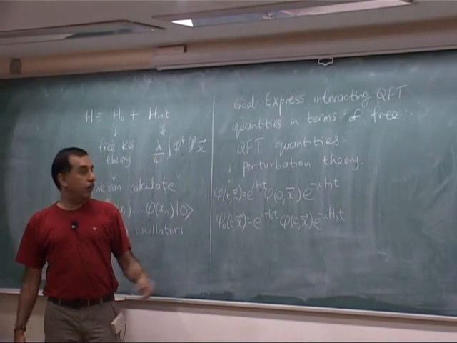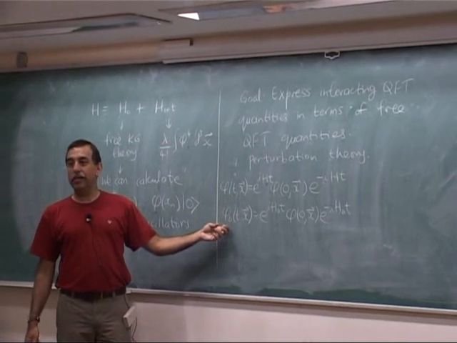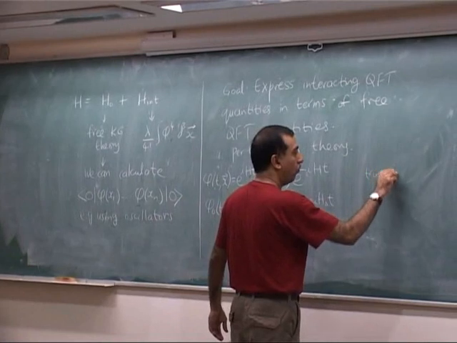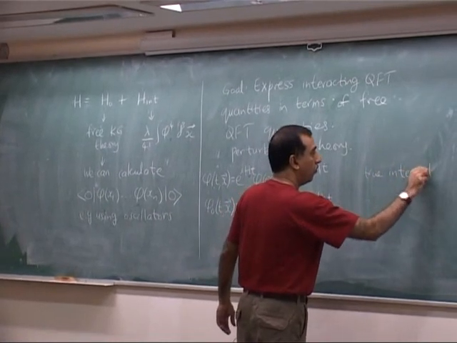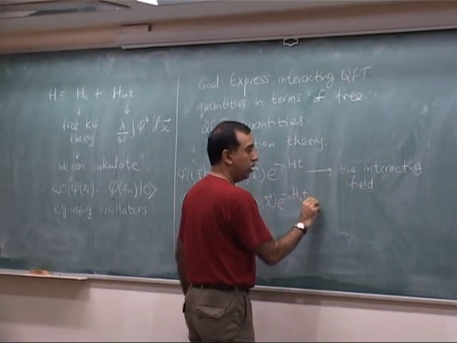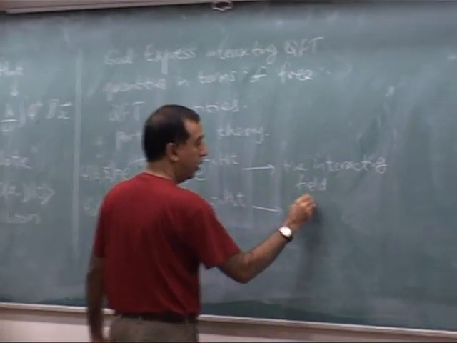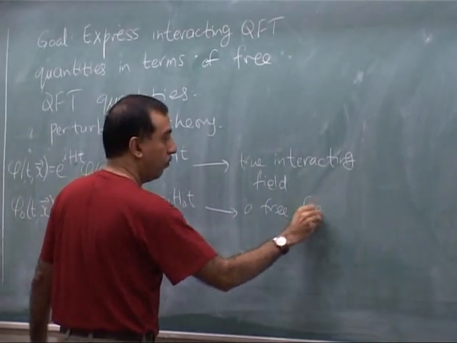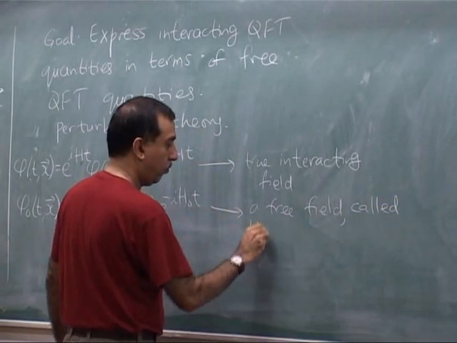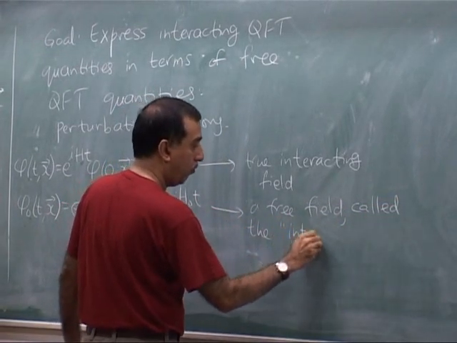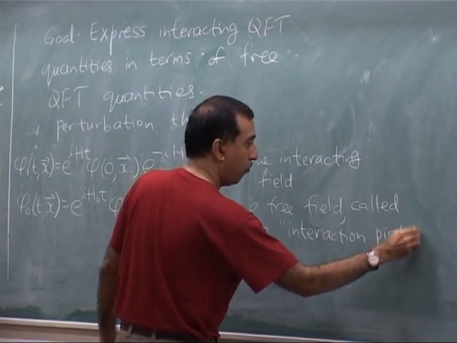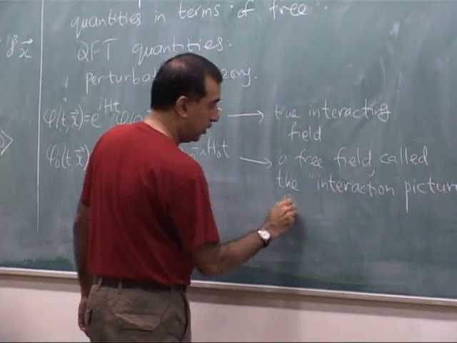So, at any time, I have available to me two fields, one which is the true interacting field, and this one is a free field called the interaction picture field.